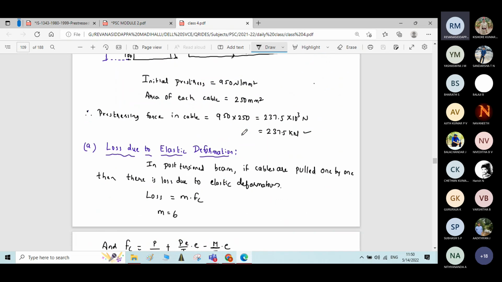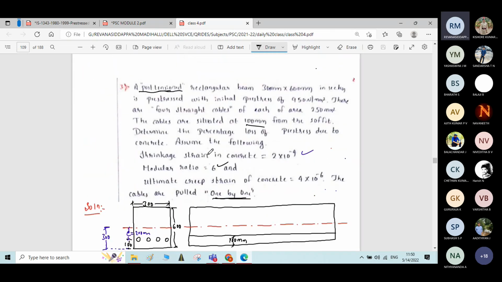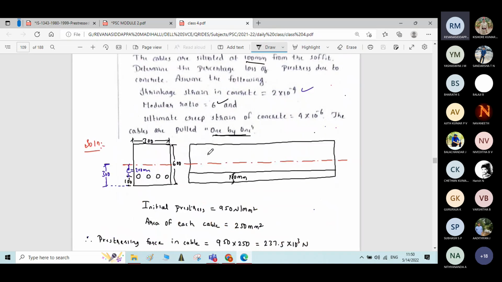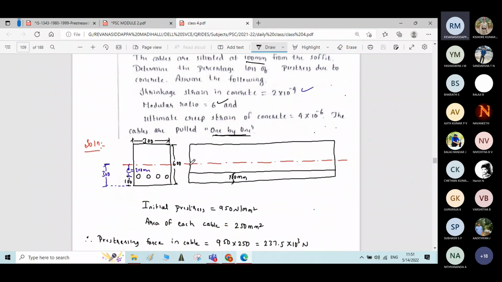Then one more loss is loss due to anchorage slip. With respect to that there is also insufficient data. The slip at the anchorage is not given. In the previous problem it was given and we calculated it, but in this problem it is not given. Leave that also.